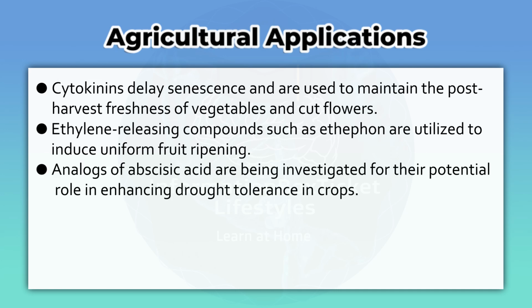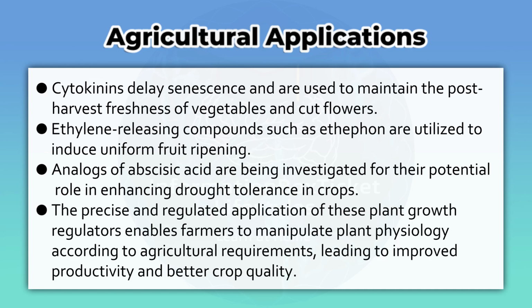Analogs of abscisic acid are being investigated for their potential role in enhancing drought tolerance in crops. The precise and regulated application of these plant growth regulators enables farmers to manipulate plant physiology according to agricultural requirements, leading to improved productivity and better crop quality.